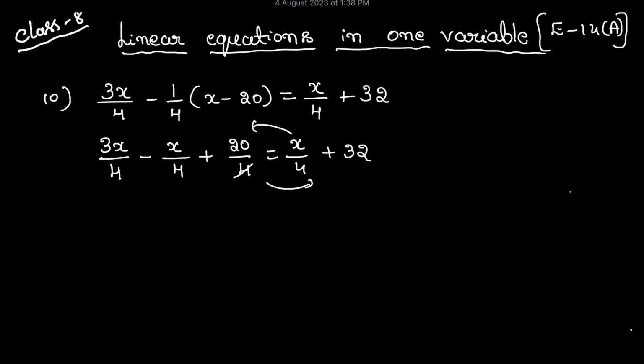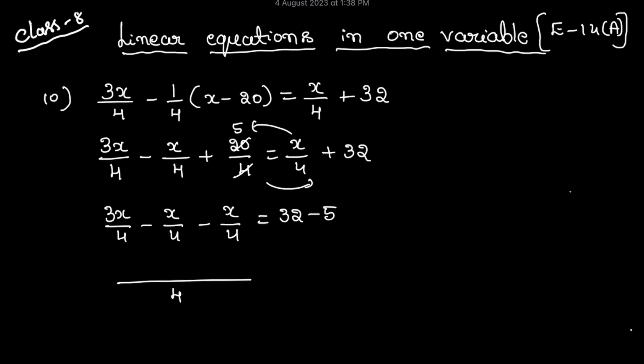So here I can do cancellation. 4 ones are 4, 5 fives are 25. So 3x by 4 minus x by 4 minus x by 4, that equals 32 minus 5. On the left hand side we have fractions, so we need to take the LCM. The denominators are 4, 4, 4, 4. 2 twos are 4, 2 twos are 4, again 2 ones are 2.